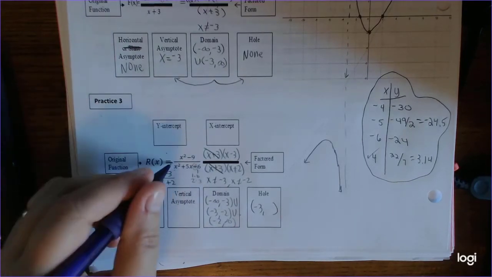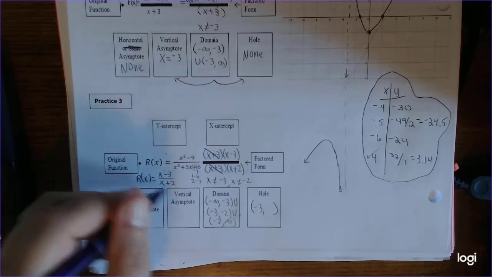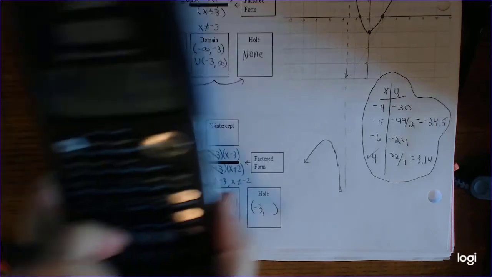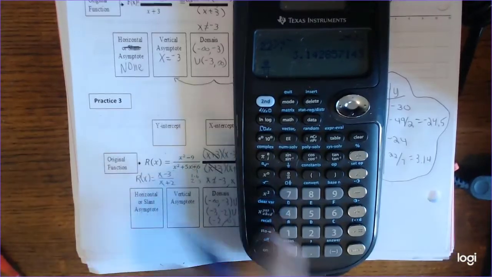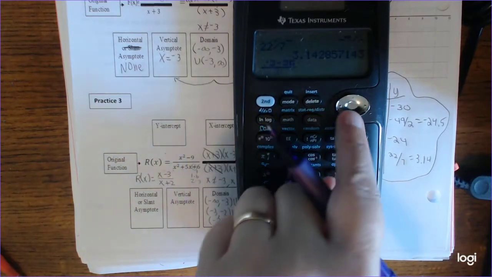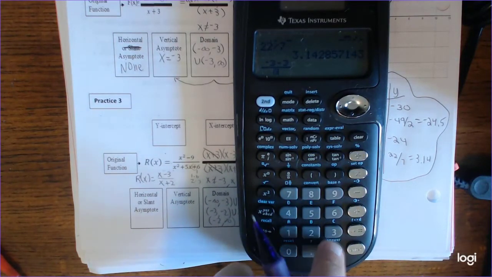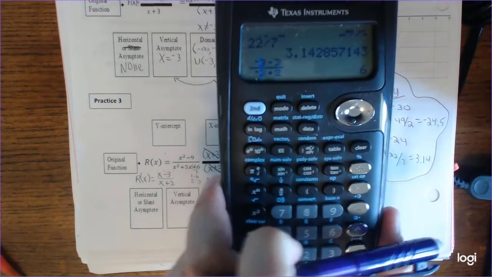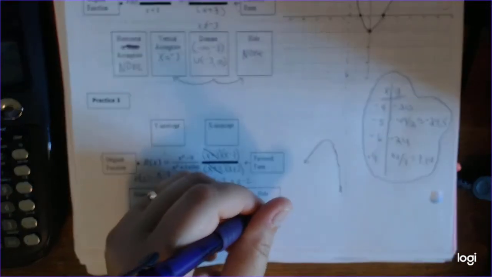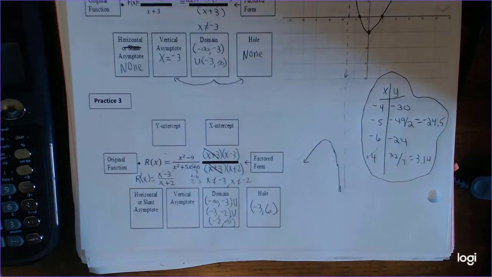This function and this function look exactly the same, except there's a hole. So if I plug negative 3 in for x to find the y-coordinate partner, using this reduced function, negative 3 minus 3 over negative 3 plus 2, I get a nice 6. So there is a hole at negative 3, 6.